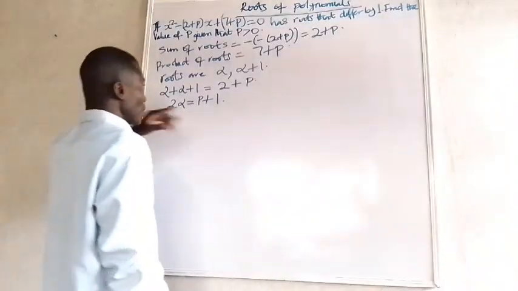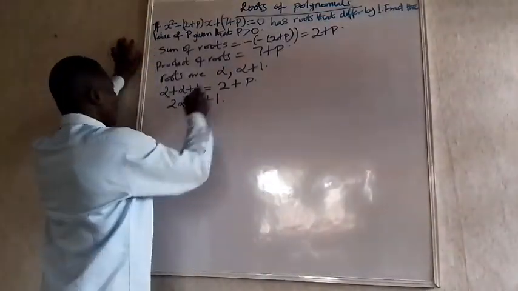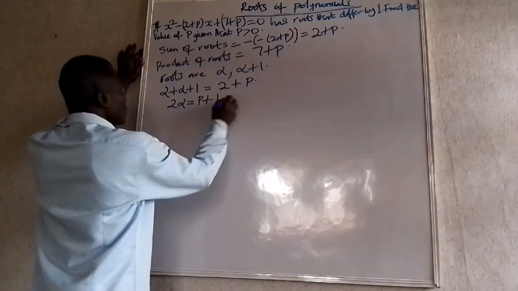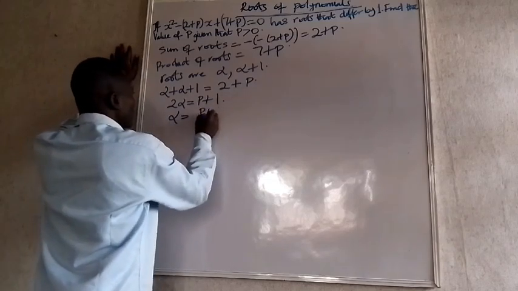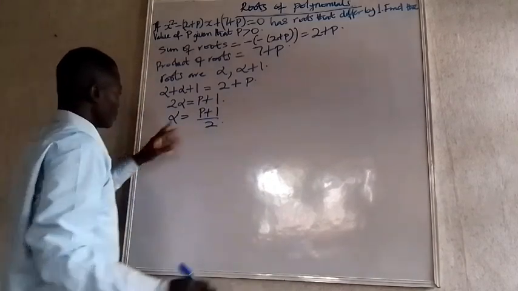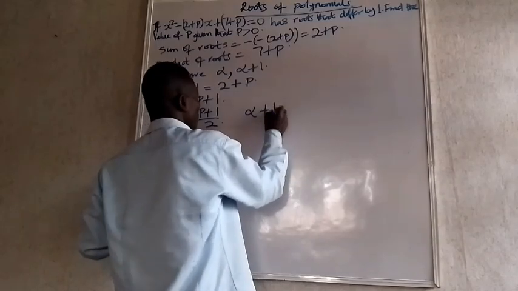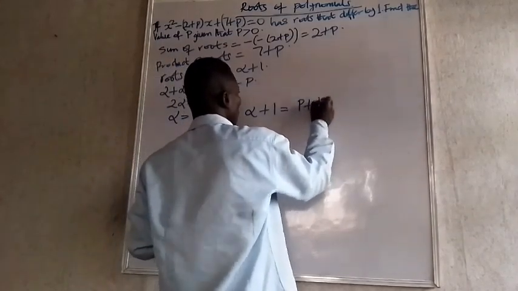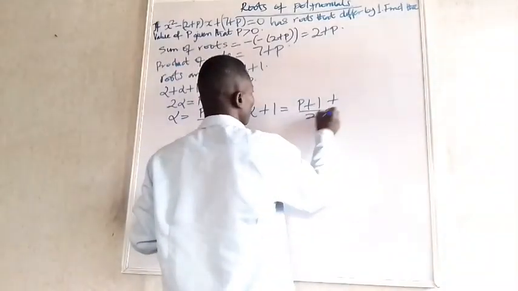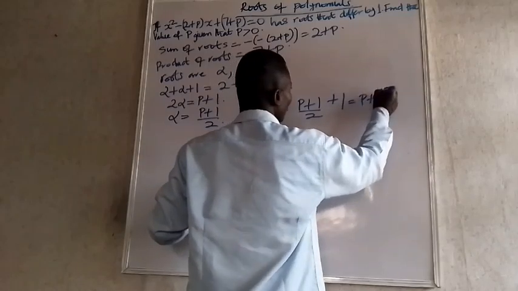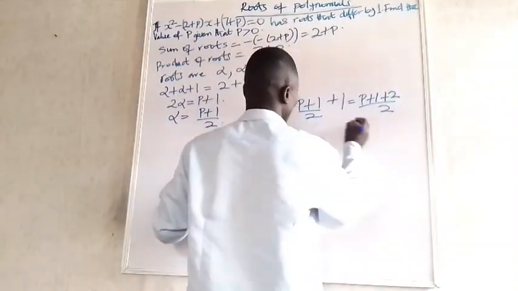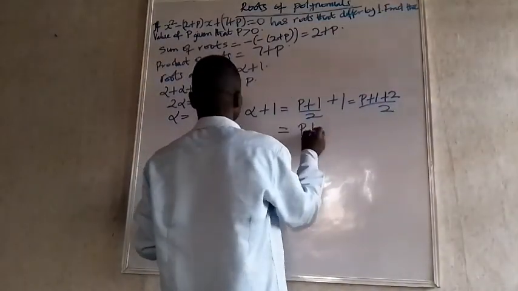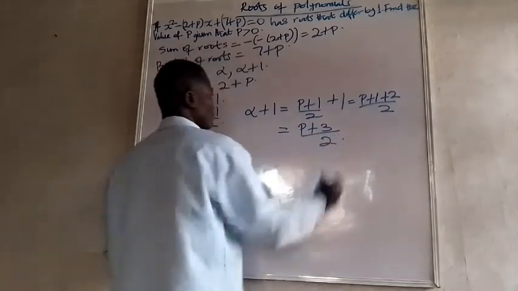So it means that alpha is equal to p plus 1 over 2. And alpha plus 1 is equal to p plus 1 over 2 plus 1, which is p plus 1 plus 2 over 2. And that is equal to p plus 3 over 2.